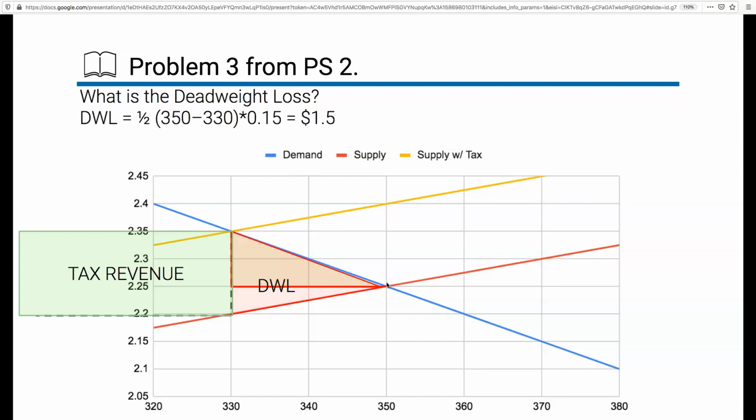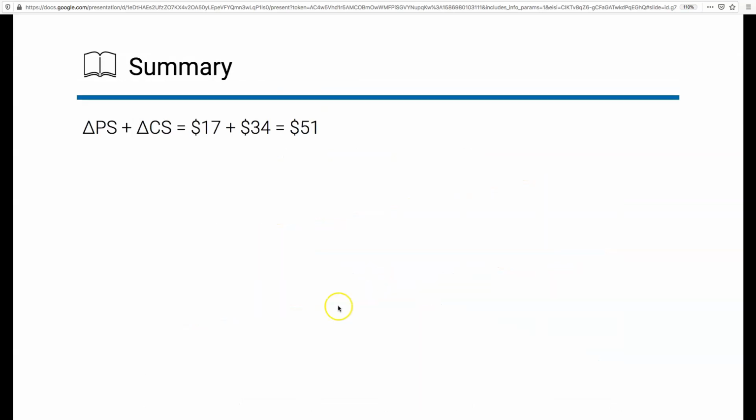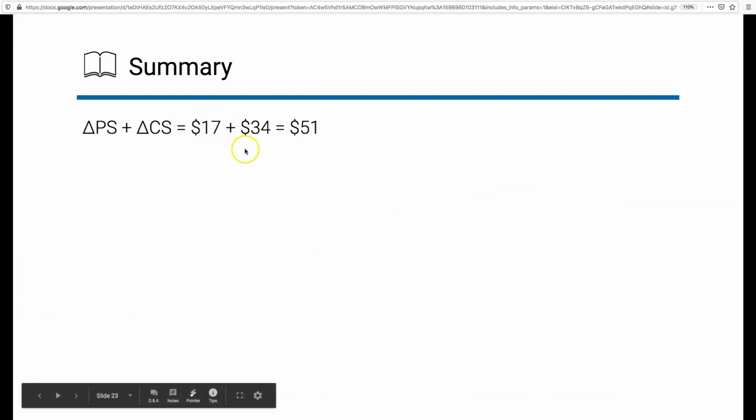And so now notice what we've done. We've calculated the change in the producer surplus, and we calculated the change in the consumer surplus, and we said that the first one is $17 million, the second one is 34, for a total of 51.